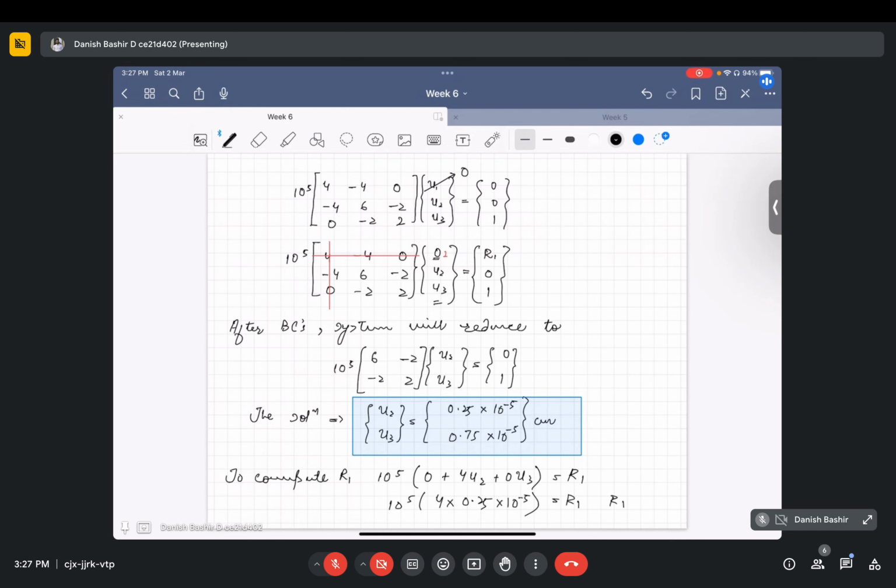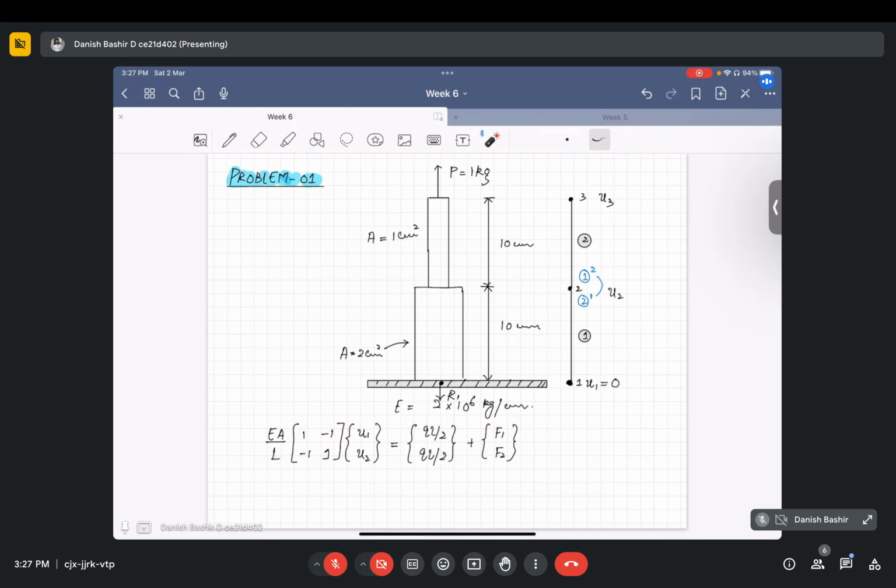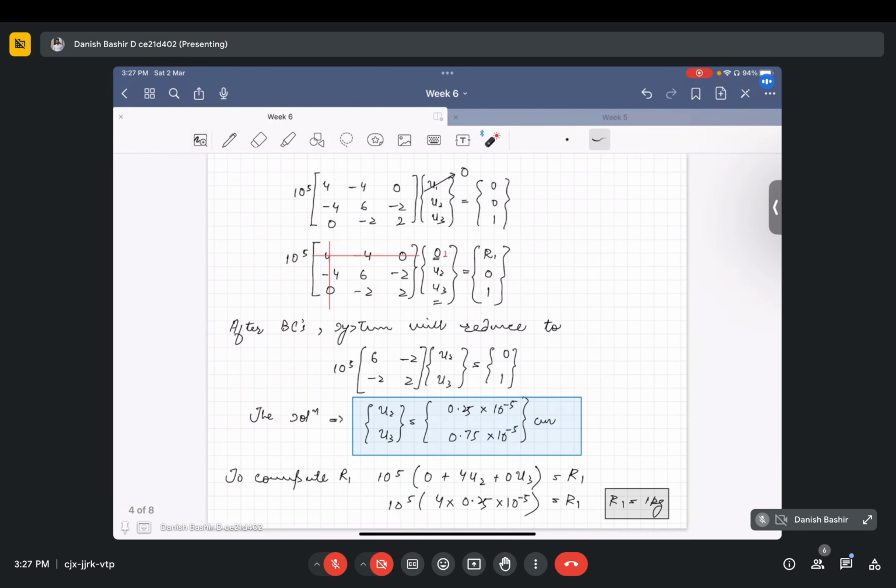So R1 is equal to 1 kg. Look, our equilibrium is also being satisfied. 1 kg was applied from this side, 1 kg is also coming on this side. So the system is balanced. You can check your system solutions like this also. This is a trick. Then we have to compute the strains and stresses in each element.